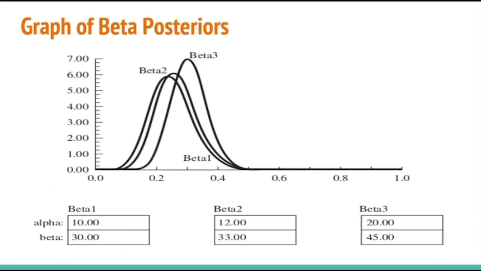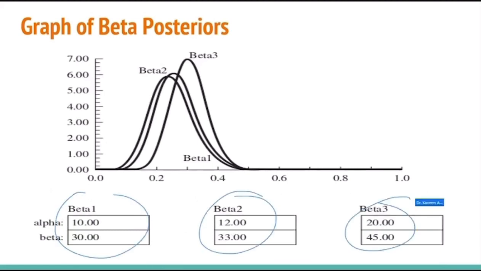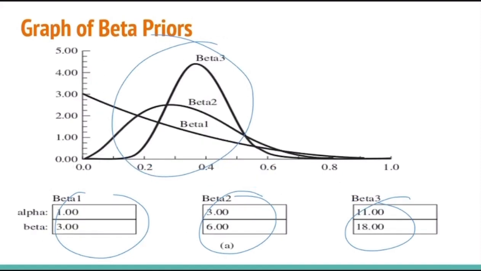Oh my God, look at the posterior right now. If you compare this with this, you're actually going to see that the prior is more spread out. More spread out means more variability, which means more variance, right? Take a look at the other one.